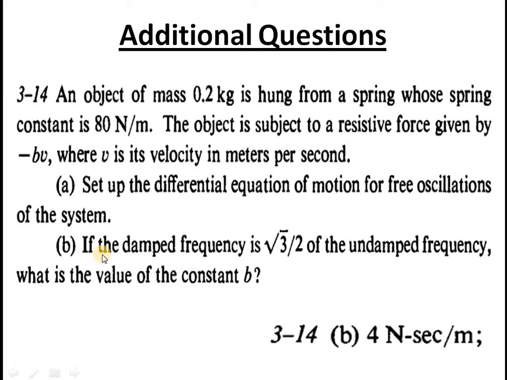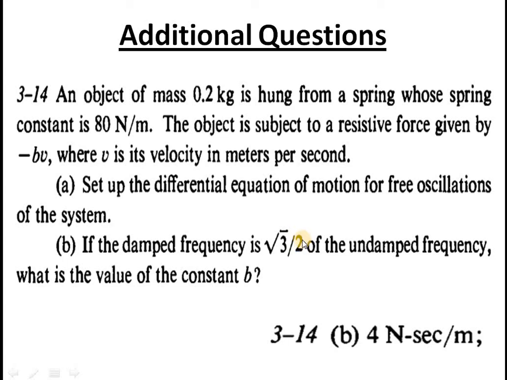And here is the second question: if the damped frequency is √3 by 2, you must keep in mind that it is not omega 0, it is f. Oh sorry, it's not omega, it is f. You have to find the angular frequency out of it. But here no hertz is given.